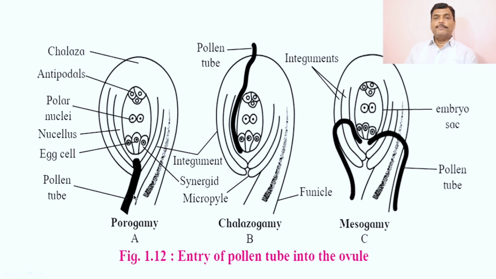This entry takes place by three different methods, or from three different positions: one through the micropyle, another through the chalaza, and another through the integument. On the basis of this entry, there are three types of pollen tube entry. The first one is known as porogamy. When the pollen tube enters through the micropyle of the ovule, it is known as porogamy.